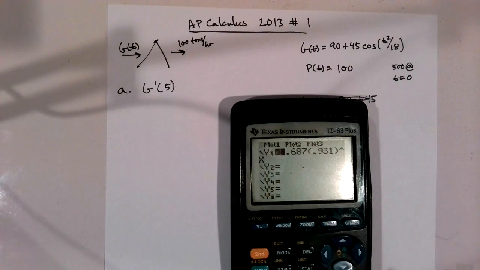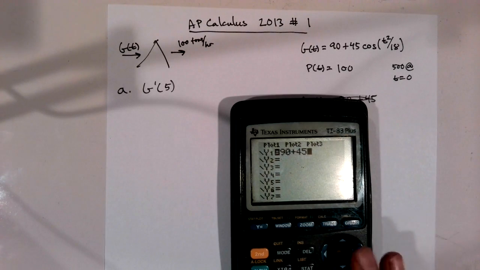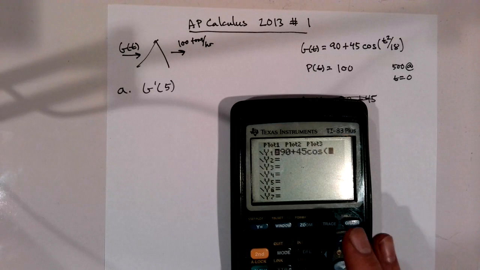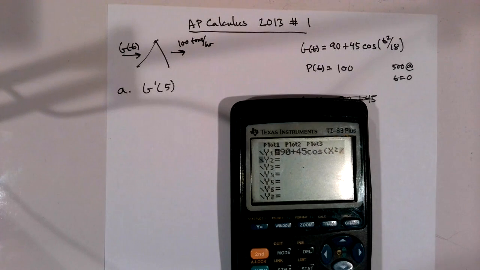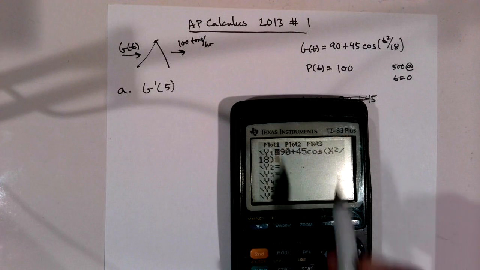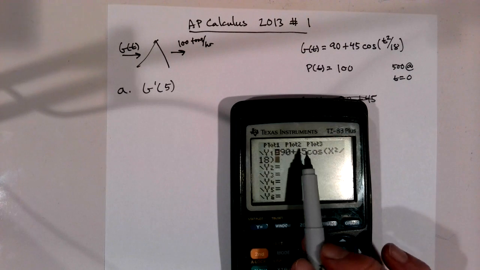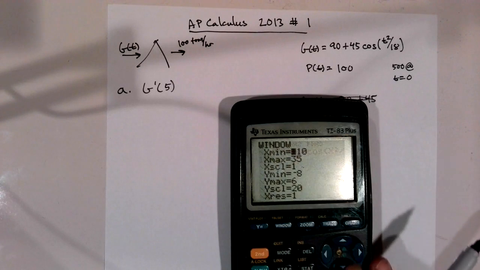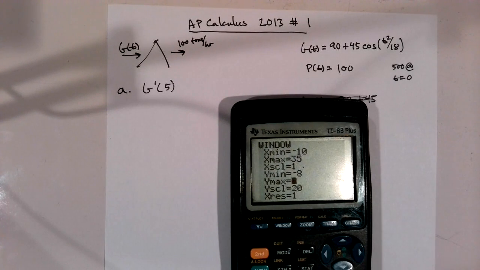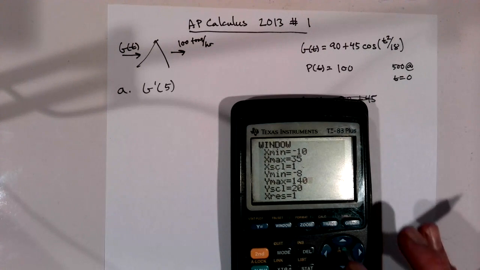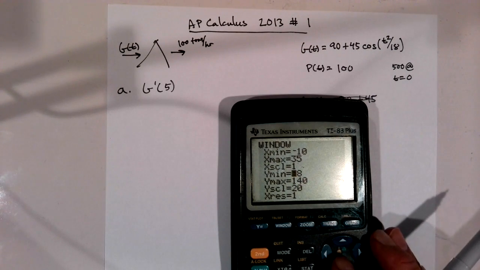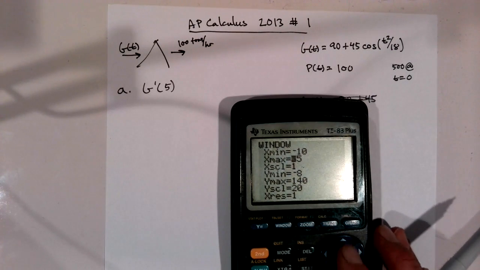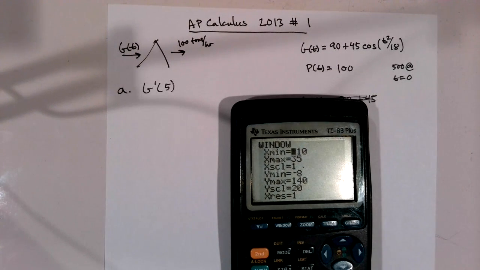I go to my calculator and type in 90 plus 45 cosine of T squared divided by 18. It's important that you recognize this is shifted up 90 units and cosine 45, so up to 135 there. So my window, I'm going to make sure that my Y max is up to 140. I could go down to -8, that's fine. But my X values just need to go from 0 to 8, so I'm going to go -2 to 10, and that should be enough.